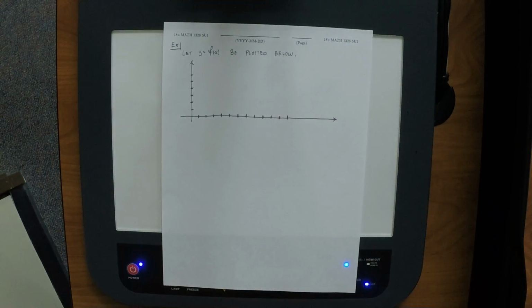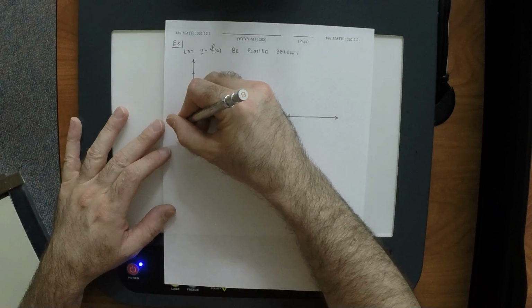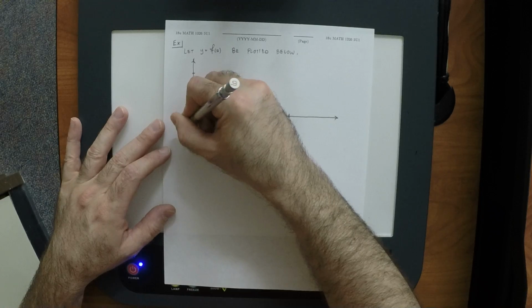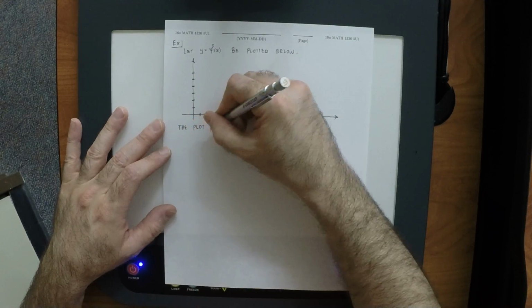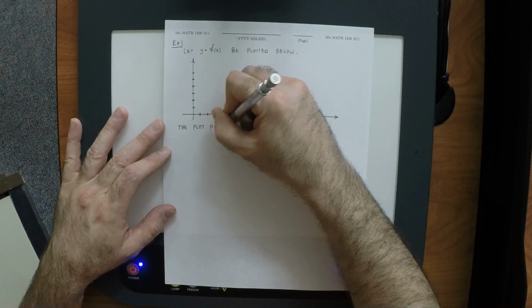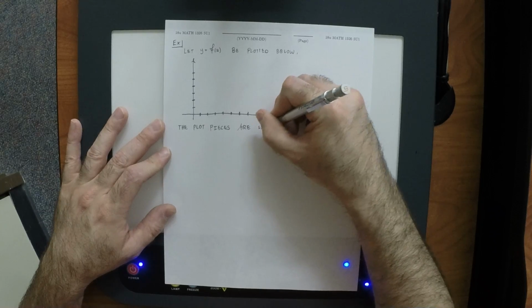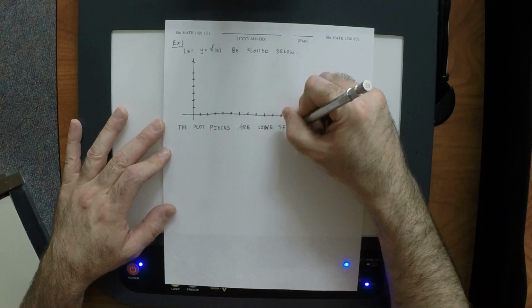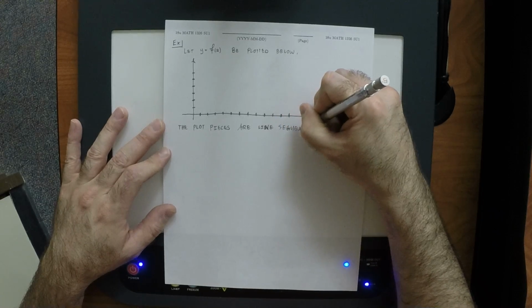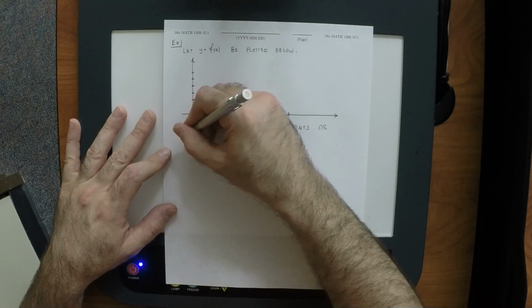So now I'm going to plot a function. And I'll say that the plot pieces, and you'll see what I mean in a second, the plot pieces are all line segments or circle arcs.